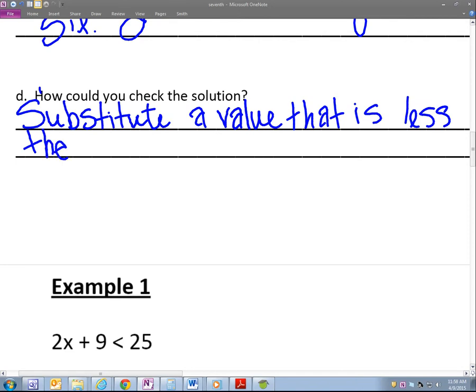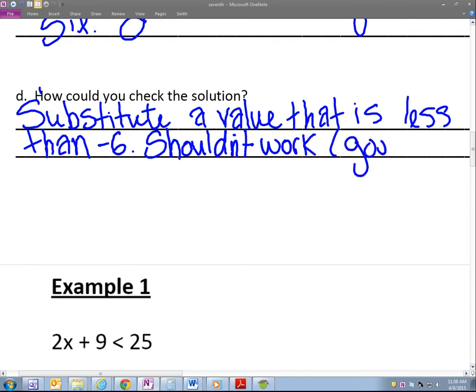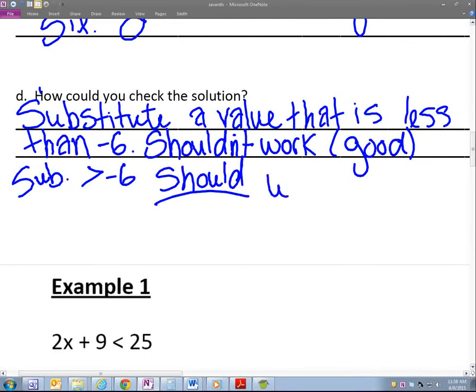It shouldn't work. Good. Substitute a value greater than -6, that should work. Good.